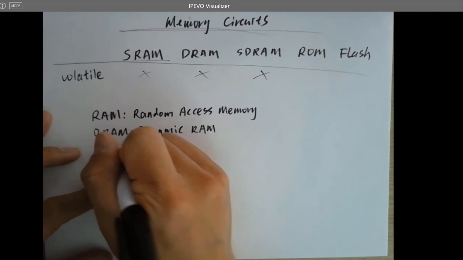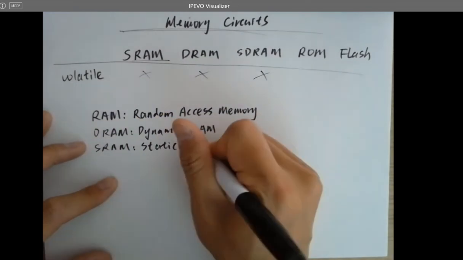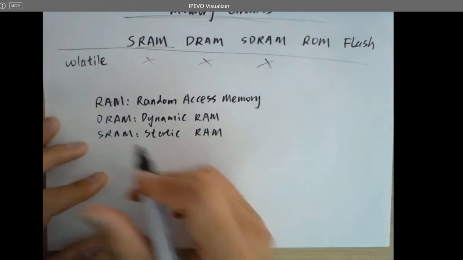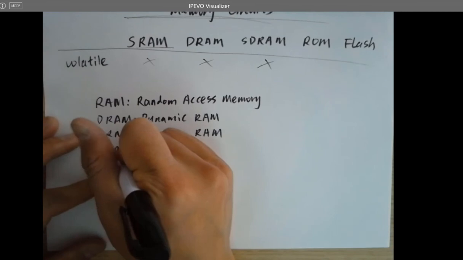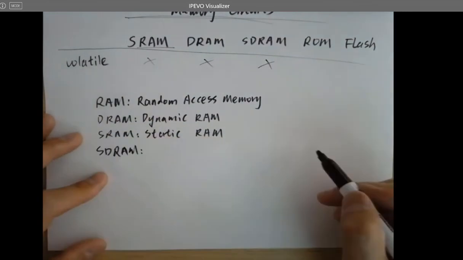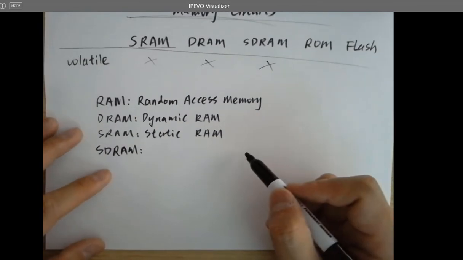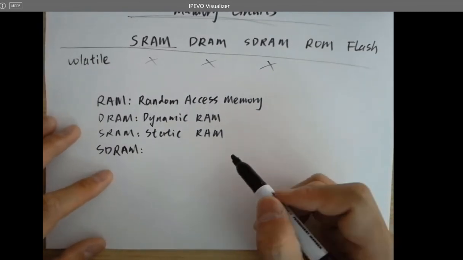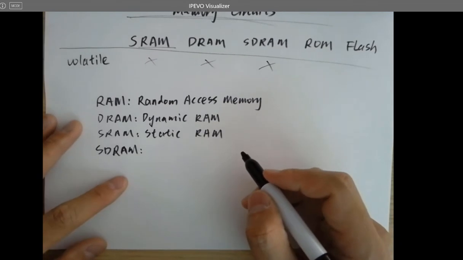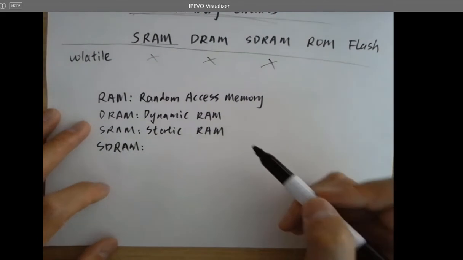SRAM is static RAM. We'll look into the circuits and see why it's dynamic and why it's static. And what is SDRAM? Since SRAM is static and DRAM is dynamic, is SDRAM static dynamic? It is not. It's synchronous dynamic. So SDRAM is still a DRAM, but an advanced version.